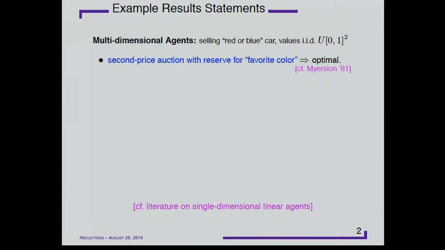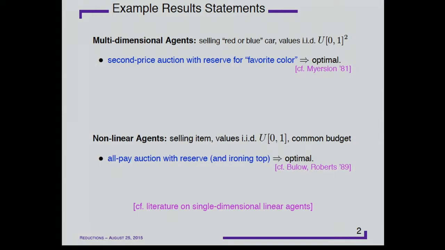Just run the second price auction with a reserve and always sell to the person who wins their favorite color car. And that should look a lot like, wow, I misspelled Myerson's name, the single-dimensional theory, which you're familiar with, where the optimal auction for single-dimensional linear agents with IID players with a nice distribution is the second price auction with reserve.